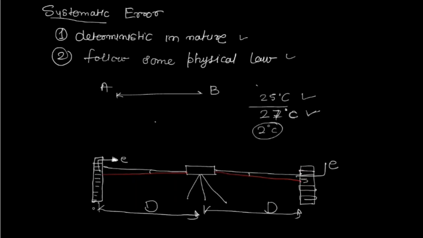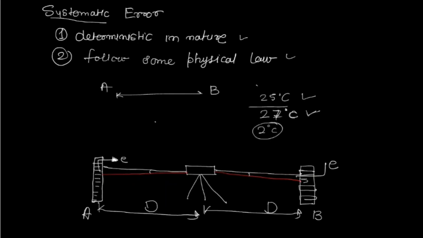So there will be no impact on the level difference between point A and point B. It would remain the same even if there is some collimation error existing in the instrument.